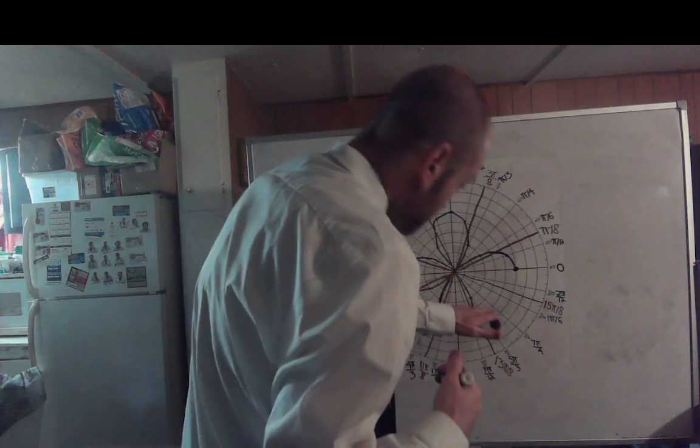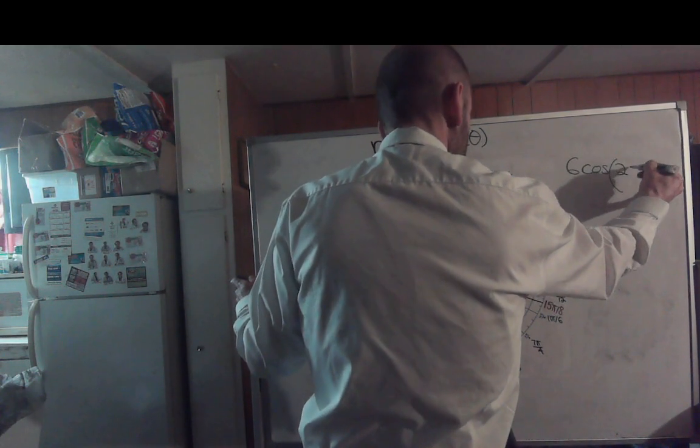So let's do 7 pi over 4. So 6 times the cosine of 2. No, we're actually on, sorry, 11 pi over 6. 2 times 11 pi over 6.